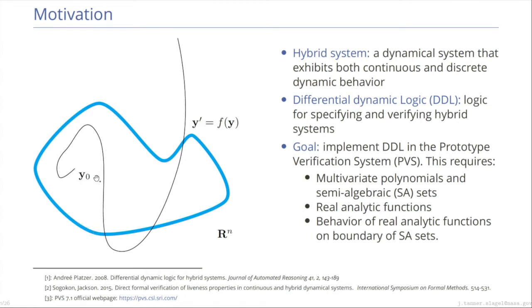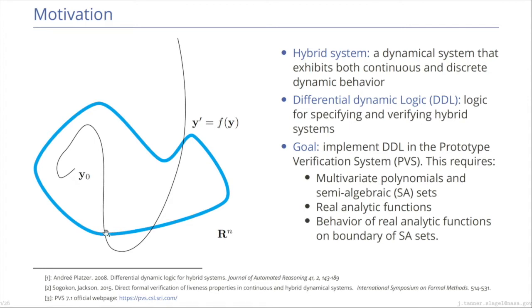If we assume the solution to this differential equation is a real analytic function, then we might be curious how the real analytic function leaves and enters the semi-algebraic set over time.